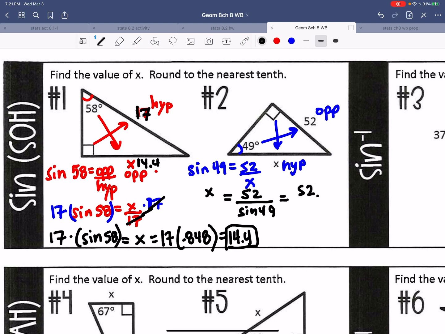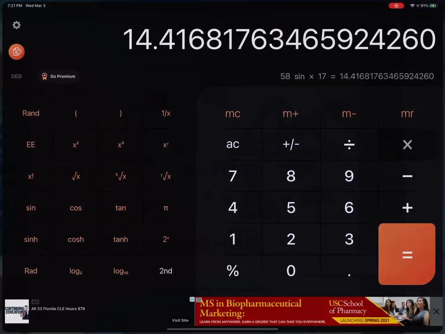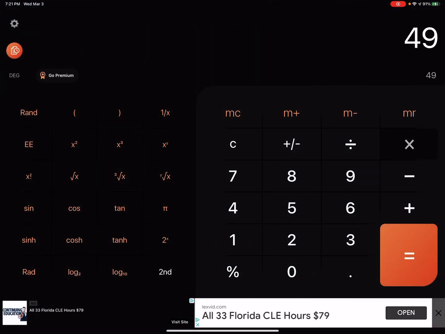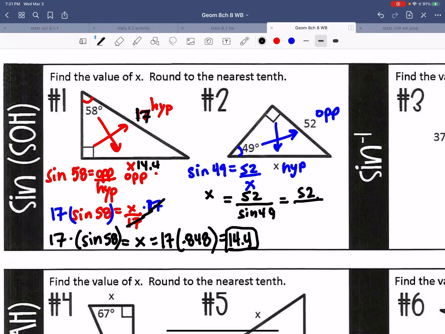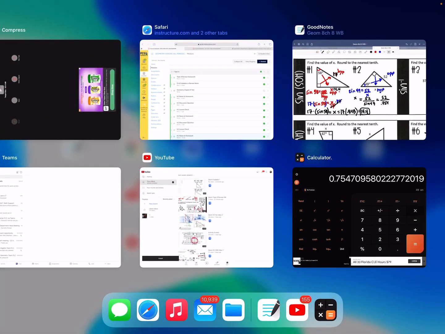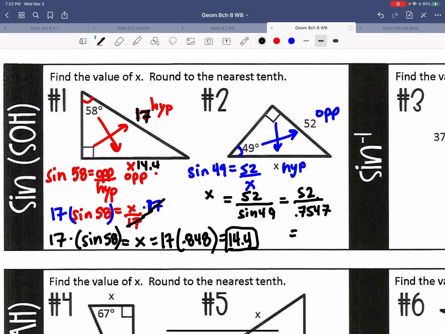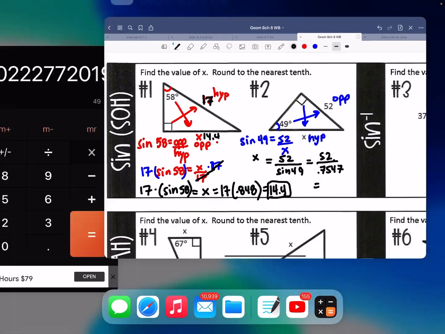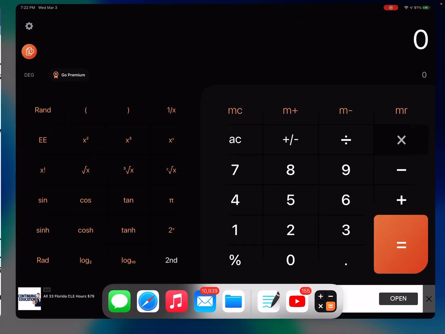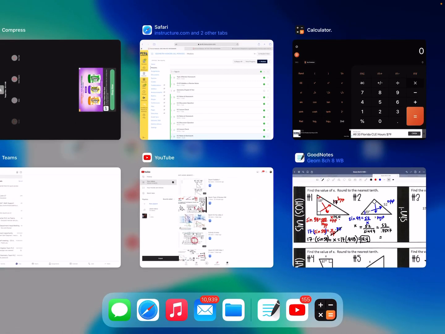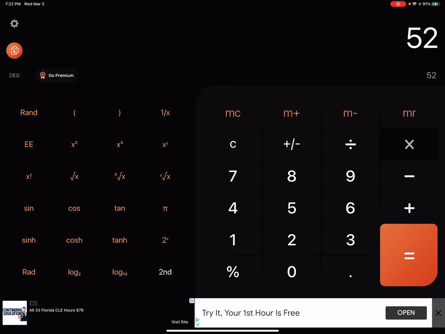So let's figure out what the sine of 49 is. I get 0.7547. All right, so I want to take 52 divided by that number, 0.7547.